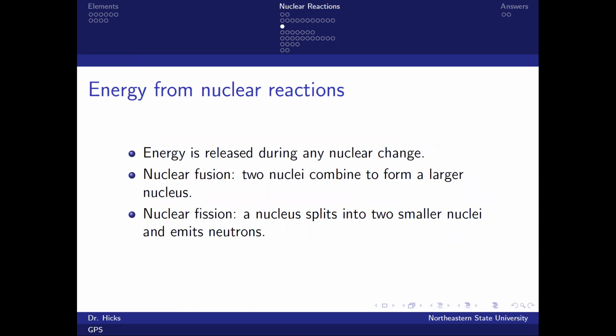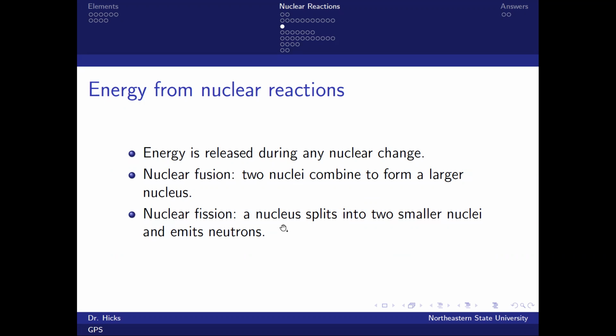Now, there's another way that I can get energy from nuclear reactions, and that's from combining two smaller nuclei to form a bigger nucleus. That actually releases some energy, even though I'm putting two small things together to form a bigger one. The bigger one has a lower potential energy, so that energy comes out, it's emitted.